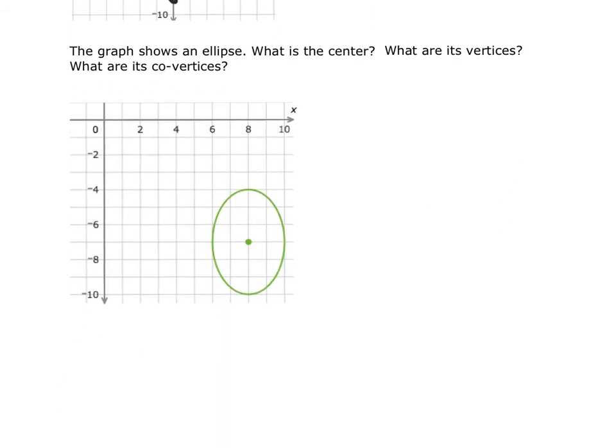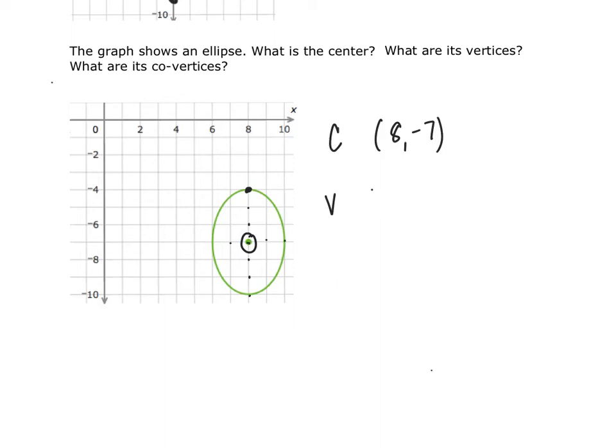For this one, we want to identify the center, so the center is right here. Your center is the point (8, -7). Your vertices are on the longer axis, so maybe you need to count. This is 1, 2, 3, 4, 5, 6, 7. This one is 1, 2, 3, 4. You probably could tell that.